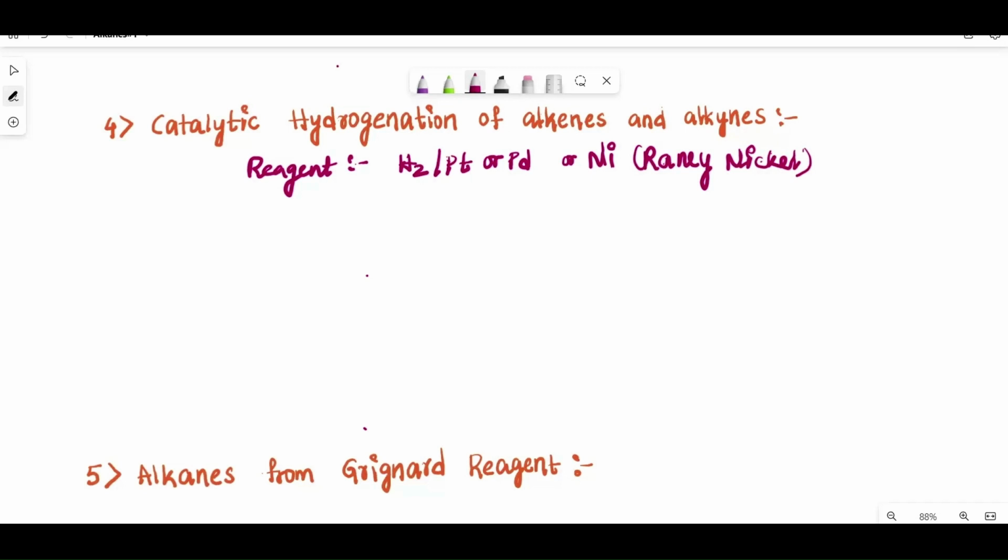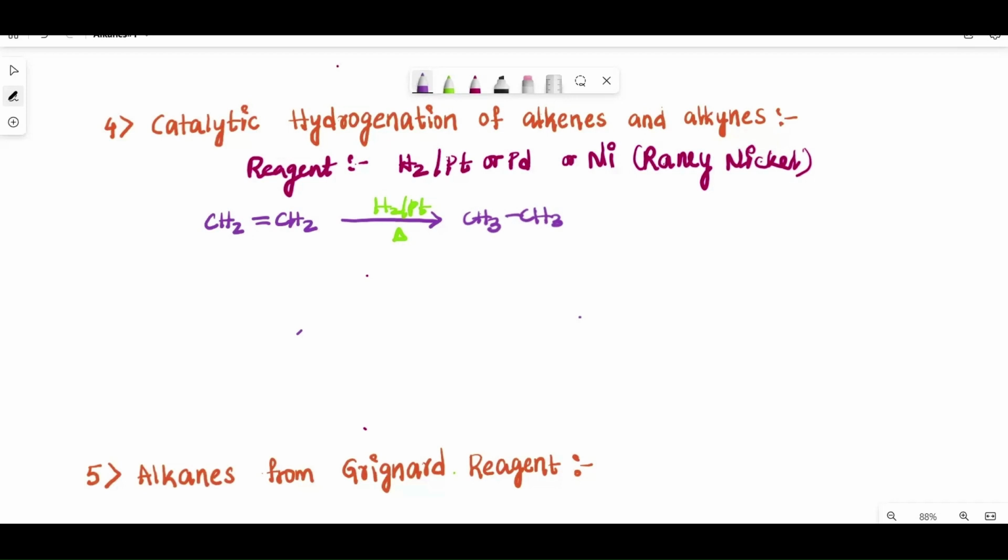You can use any one of them. Let's see an example. If we have this alkene CH2 double bond CH2, then if we add H2, platinum and heat, we will get alkane CH3 CH3.